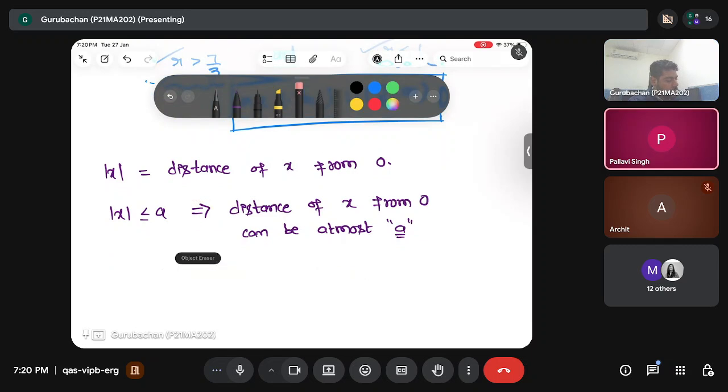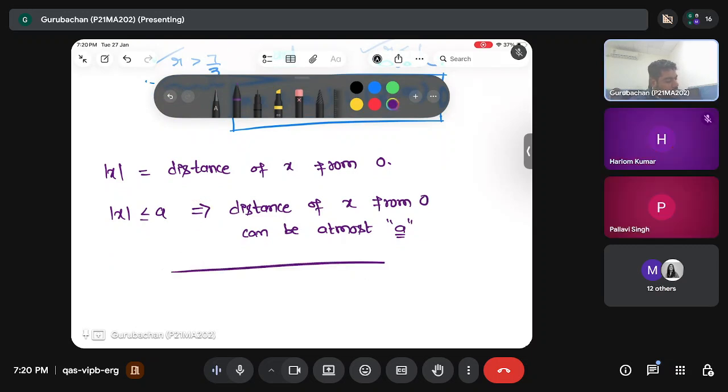Yes, sir. In the number line, how will it look? Suppose this is origin, this is your a, this is your minus a. So this is a bounded distance. You are telling that it should lie in these two numbers, right? This distance is a and this distance is also a, correct?